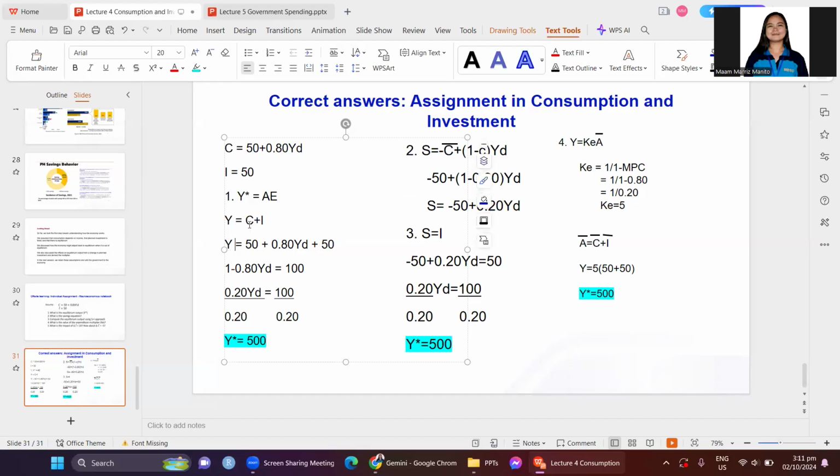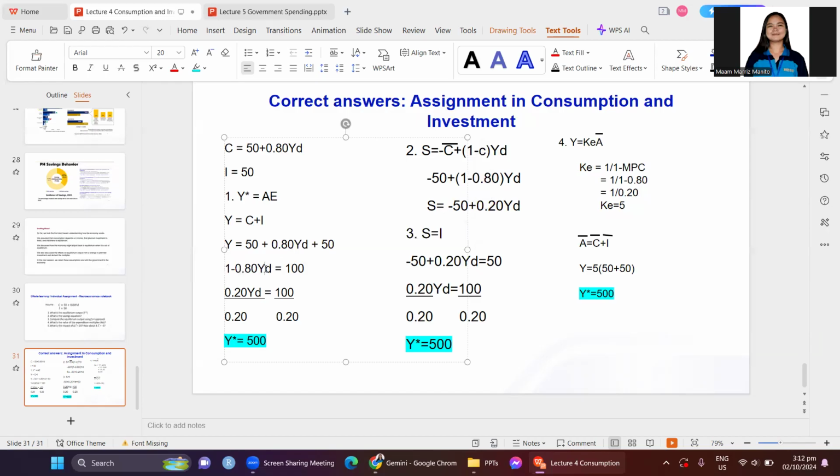And then consumption, the autonomous C, is 50 there, and 50 plus 0.80 YD goes here. Then the investment, which is 50, goes here. We add 50 plus 50, that's 100. When we transfer the 0.80 YD to the other side, it becomes negative, so it should be subtracted from 1.